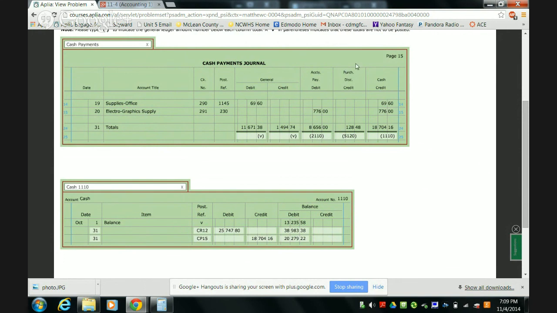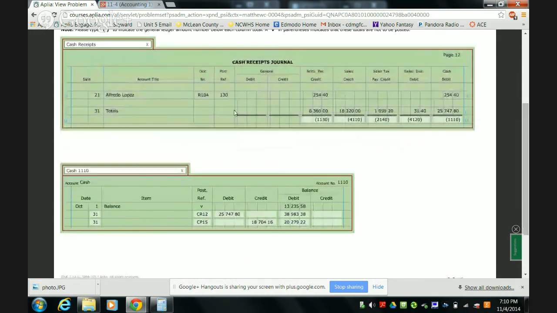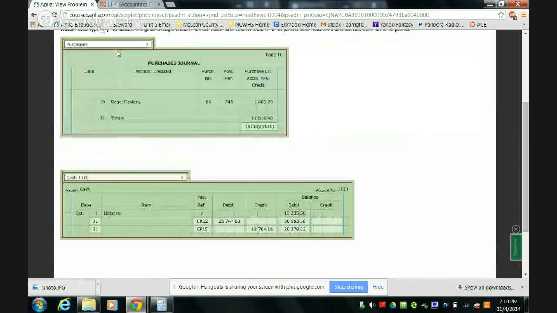Remember, only the ones here that give you account titles are ones that we have to post totals to. If it says general, debit, and credit, you don't have to post those. Final thing is on our purchases. It's got 2 of them here, so I've got to post it to both of them.